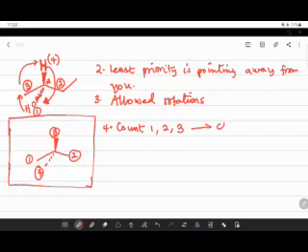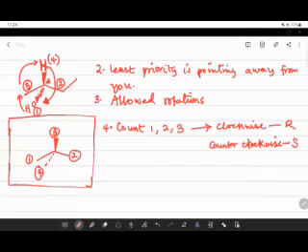If they are clockwise, then that molecule is assigned the R. If 1, 2, 3 is counterclockwise, then we assign it the S.